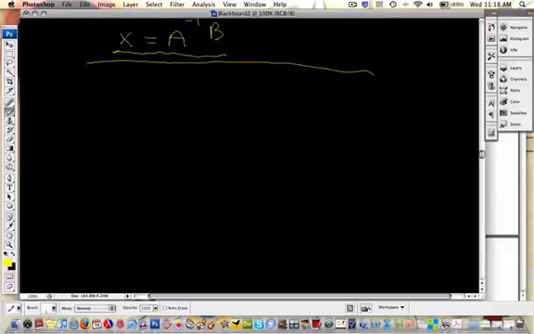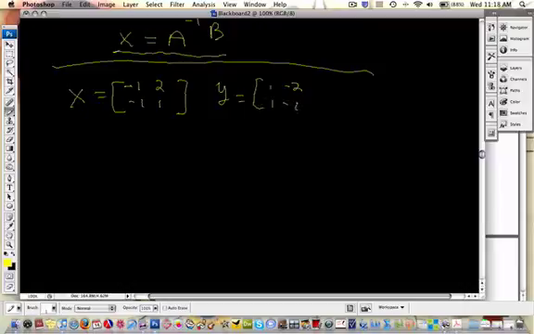So if I have matrix X is -1, 2, -1, 1, and matrix Y is 1, -2, 1, -1, and I want to see if they're inverses, I can just find X times Y and see if it's the identity matrix.